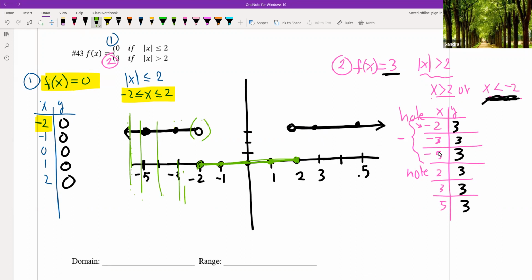There's a hole here, but this one's a closed dot, so it will overtake it. The closed dot will overtake it. Then all this is okay, all the way to infinity. So that means that it will go from -infinity to infinity. That will be the domain.